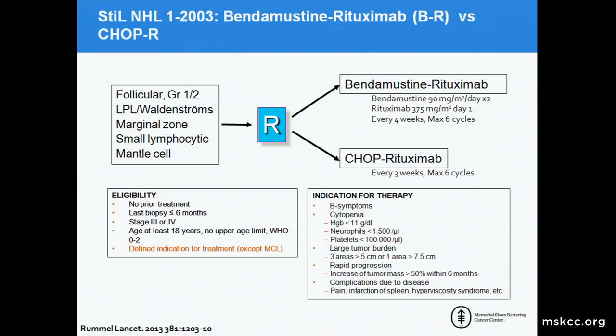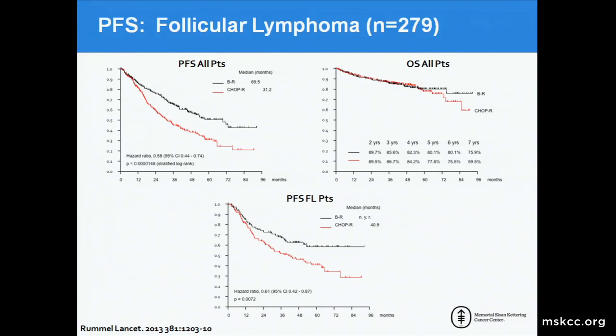Bendamustine has emerged as an important treatment option in patients with follicular lymphoma, and bendamustine and rituximab was compared to CHOP and rituximab in this STiL trial from Germany. And if we look at all patients, there seems to be a benefit of bendamustine rituximab over R-CHOP.